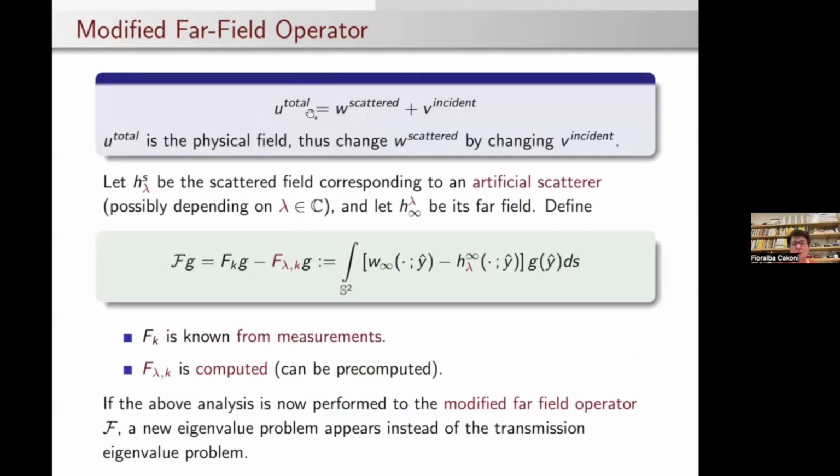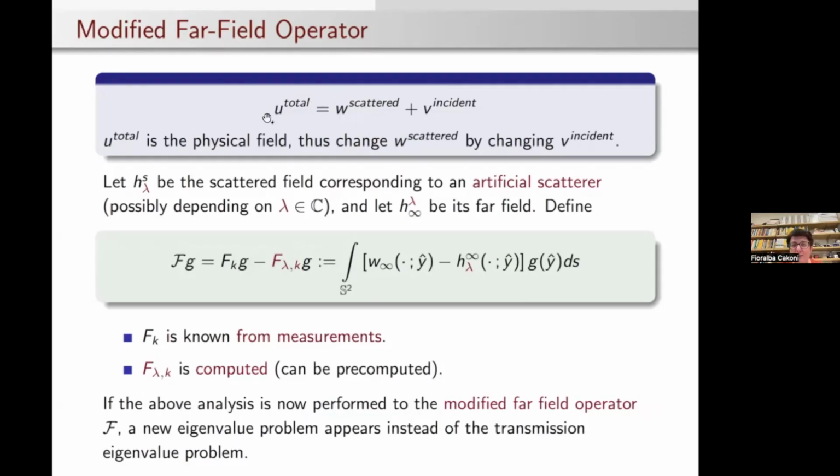What you actually measure is the total field. And the total field is the physical incident field that you send plus the scattered field. So now you can say, how about I change the incident field, mathematically, by augmenting it, using as an incident field the total field of something that I come up with. That would change the scattered field. That would make the inhomogeneity look like something else with respect to this mathematical incident field, which I need to compute mathematically, right?